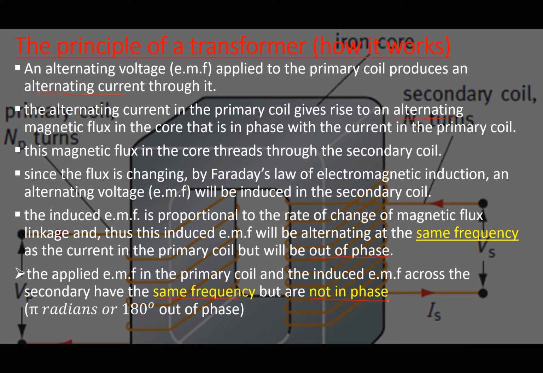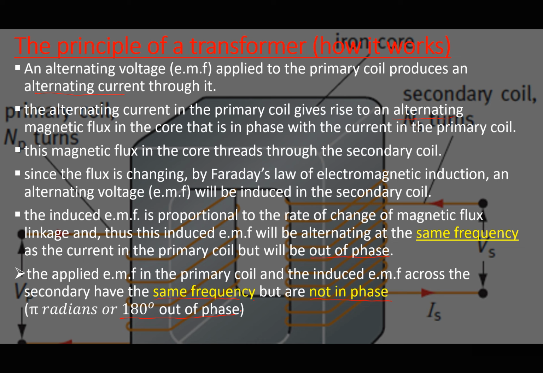Remember, when the flux linkage is maximum, the rate of change is zero. That means the induced EMF is going to be zero. And when the flux linkage goes to zero, the rate of change is maximum. So the induced EMF is going to be maximum. That's why we are saying the induced EMF is not in phase with the input EMF. In other words, we say they are 180 degrees out of phase.